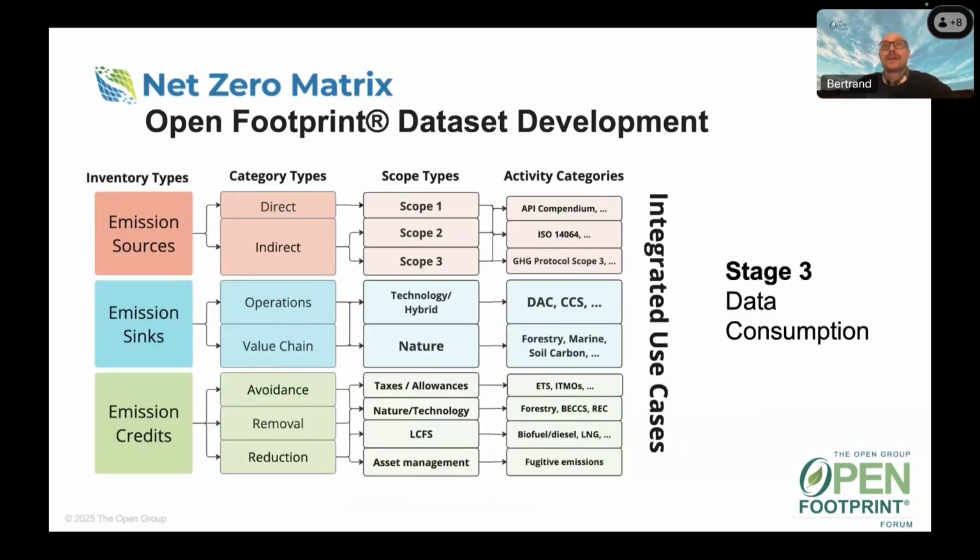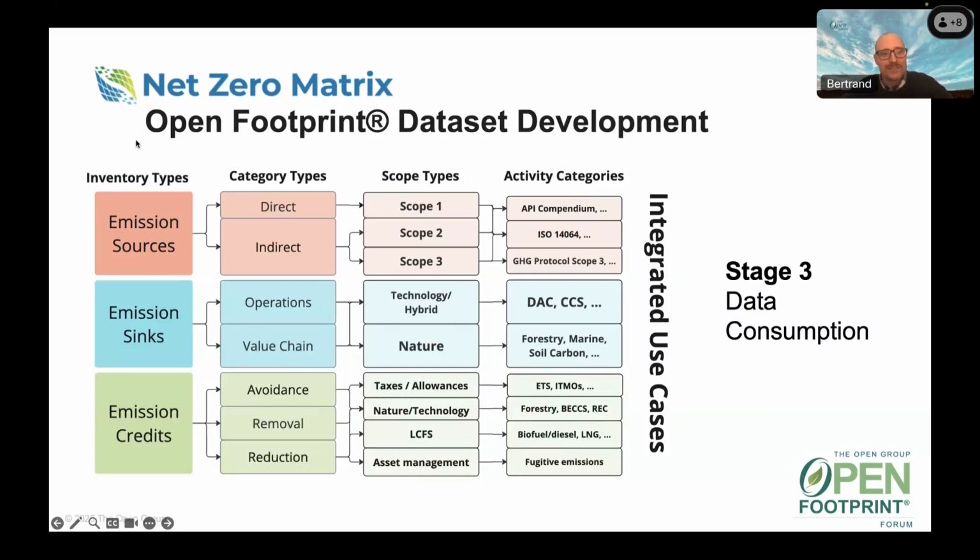So essentially, we want to take these hybrid components and develop various integrated use cases. Now, in the context of the open footprint data model, there are various integrated use cases we can think of. And I wanted to give you a summary of how we categorize activities that go into these integrated use cases.